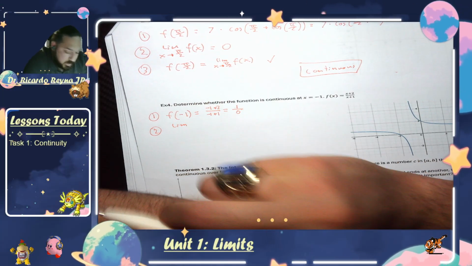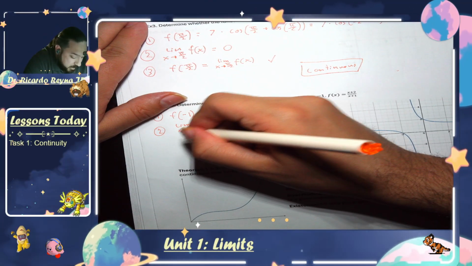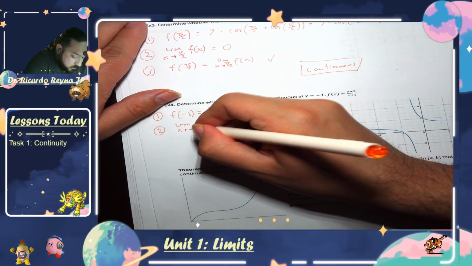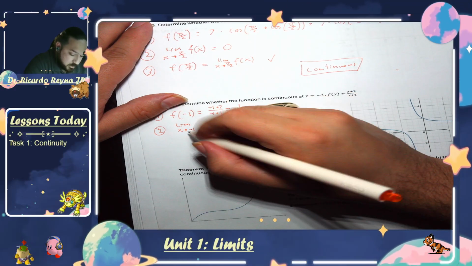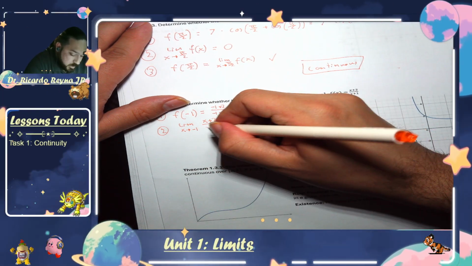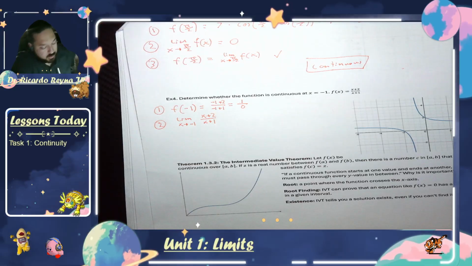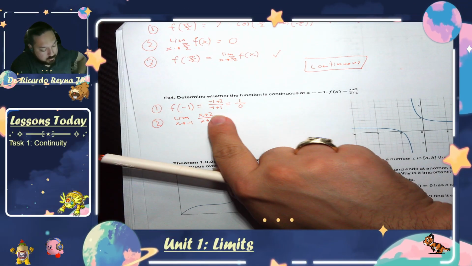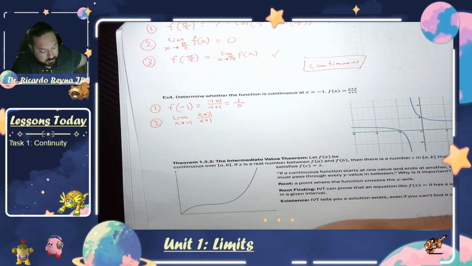So I'm taking the limit as x goes towards -1 for this function, x plus 2 over x plus 1. And I need to simplify this a little bit.